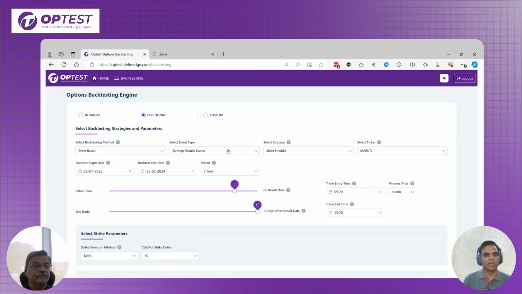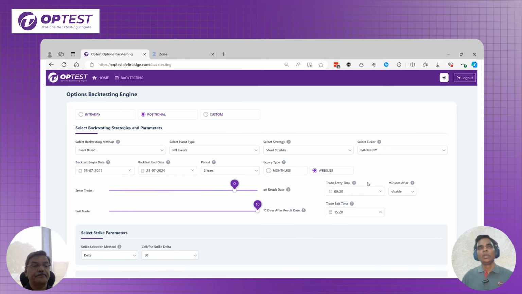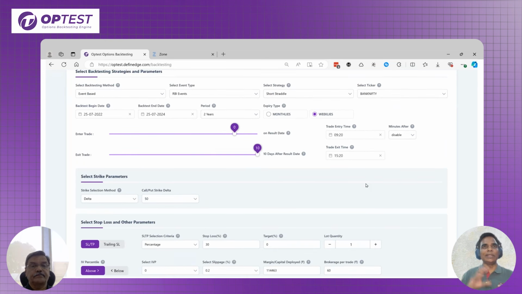Now this is event based, and then another one is RBI events. Now this will be applicable for Bank Nifty because those are the stocks which are maximum affected by a decision by RBI. So here again, this is pretty similar to earnings.